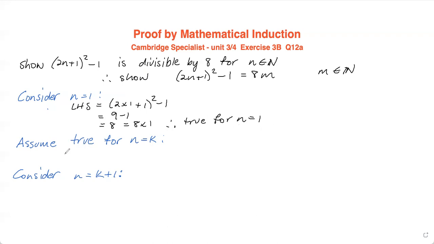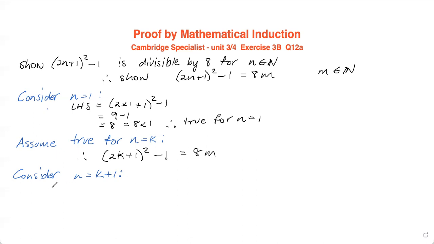Okay, so now the next step is to assume that it's true for n equals k. So we're just going to write what that means. It's basically just restating this with k instead of n. So (2k+1)² − 1 is equal to 8m. Now the next step is to consider n equals k plus 1, and we're going to prove that it's true for n equals k plus 1.